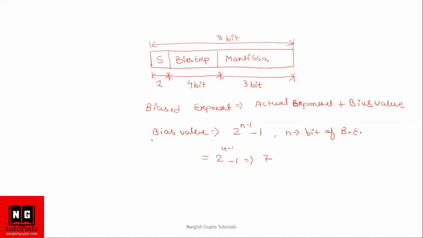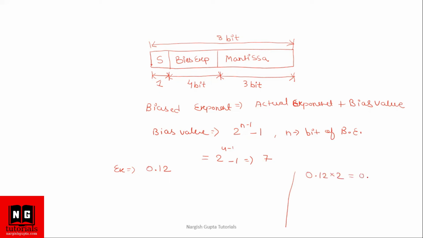Now let's see it with an example. Let's suppose we are given 0.12 and we have to represent it in the floating point 8-bit format. First we will convert 0.12 into binary, and for that we multiply it by 2.